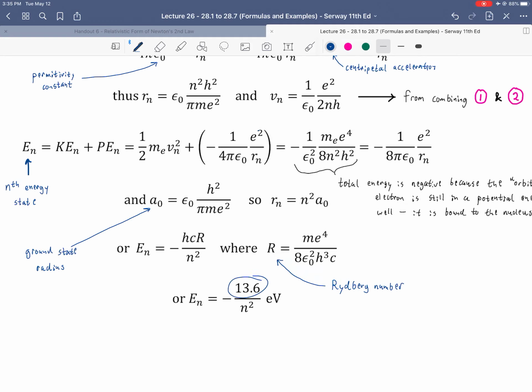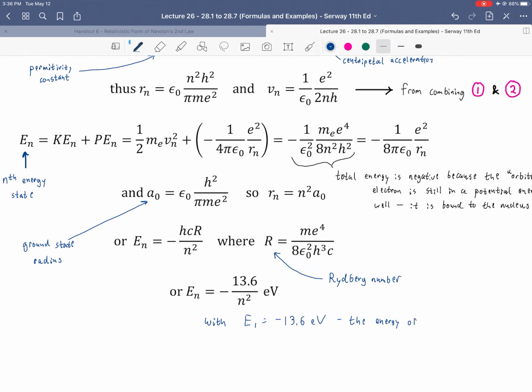So we can say E1 equals negative 13.6 electron volts, the energy of the ground state, because you can't go any lower than n equals 1.